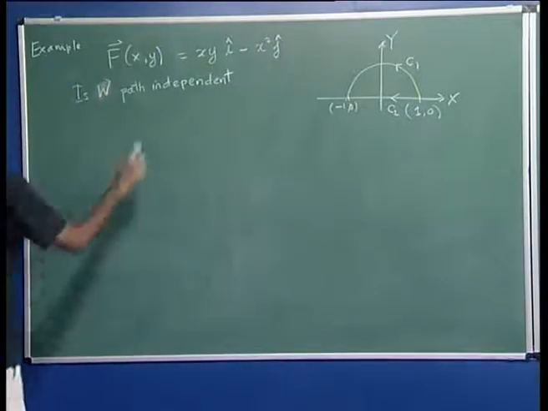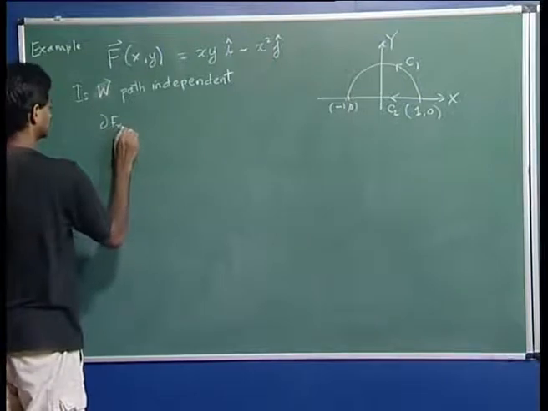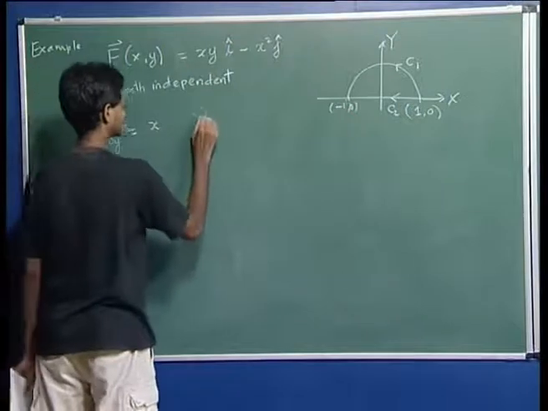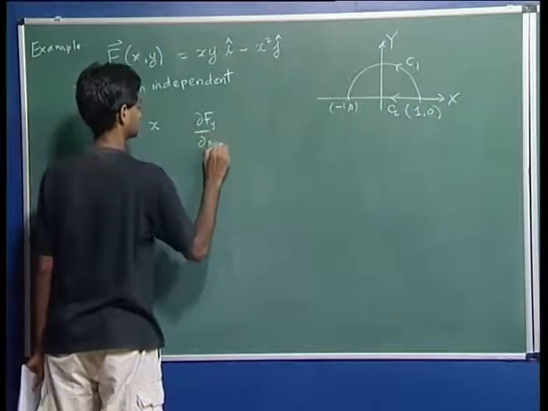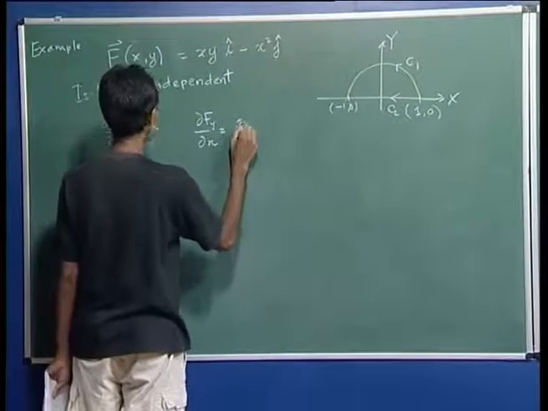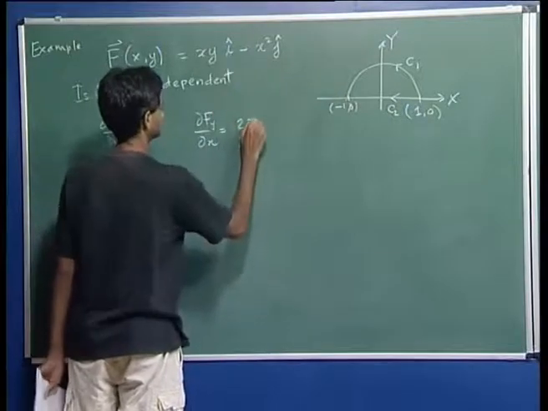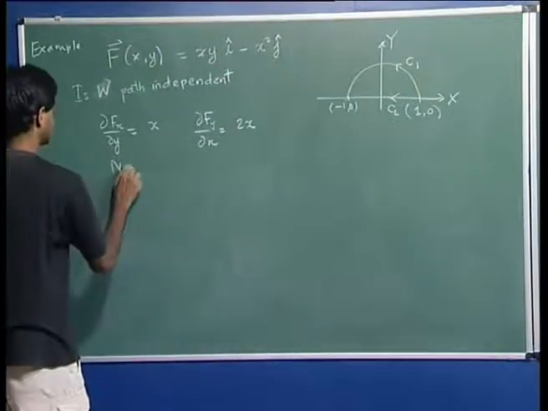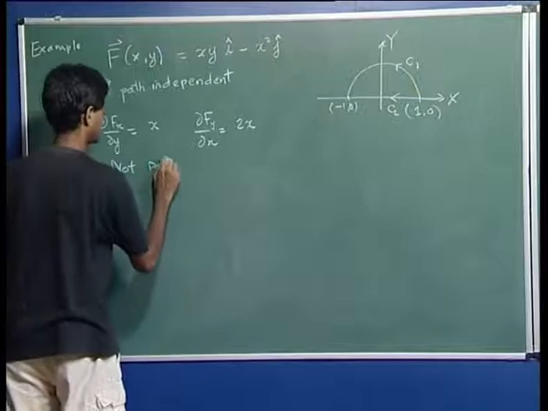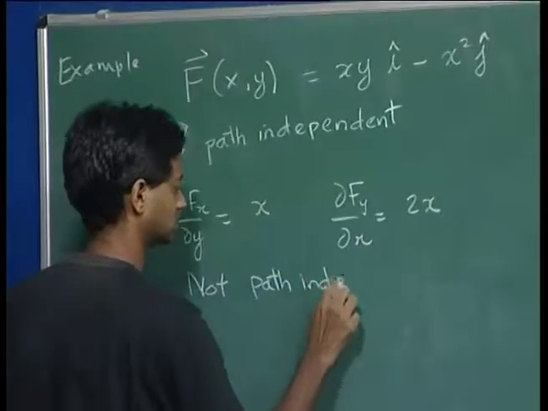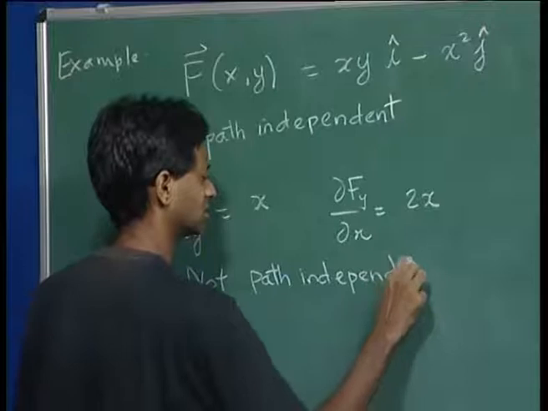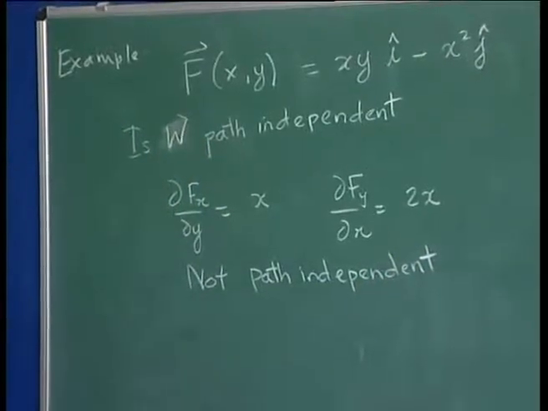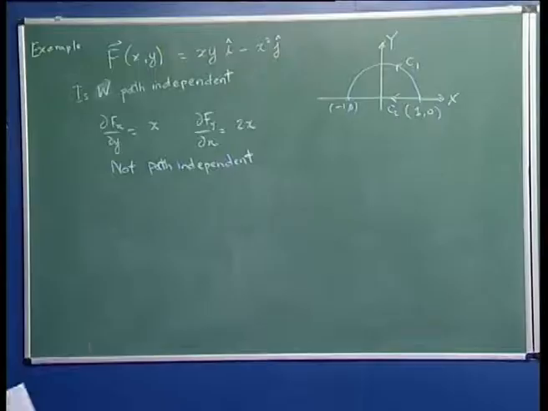And in order to check that, you take the y is equal to x, to x. So it is not path independent. So, in general the work done is not path independent. Okay. So, now let us calculate the work done.